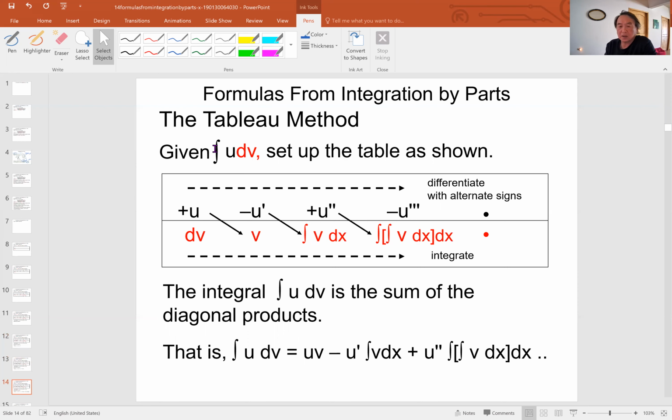And what does this do? This particular table basically gives you a way of organizing your work when we need to calculate an integral involving a polynomial.